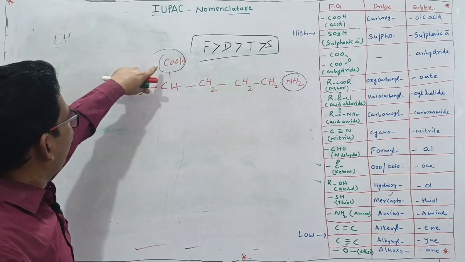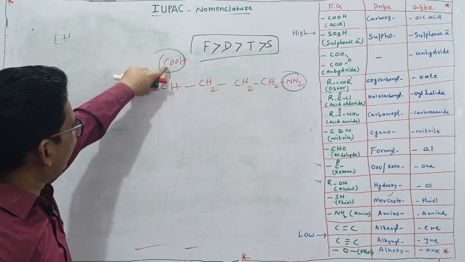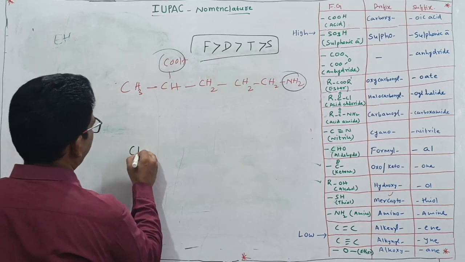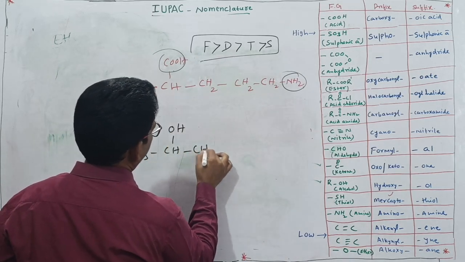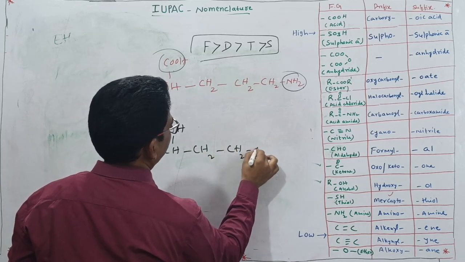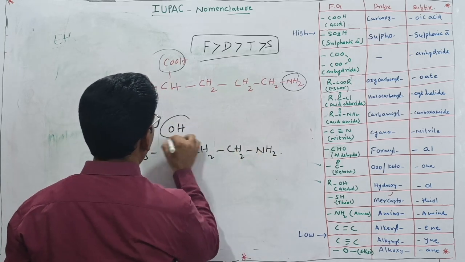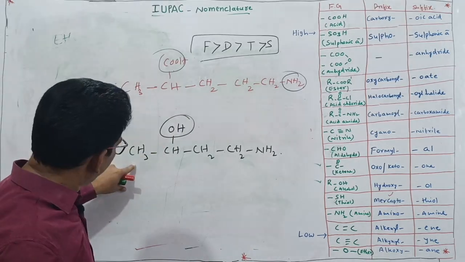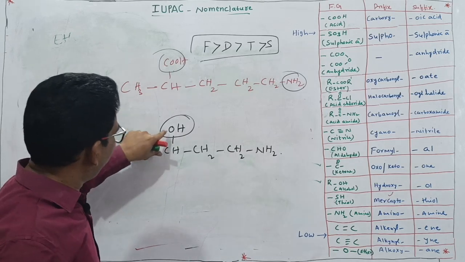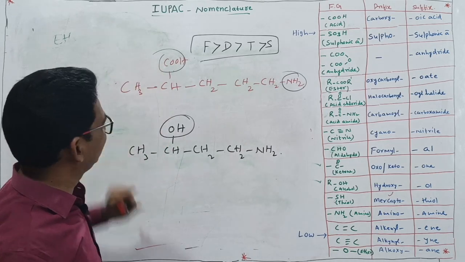Why? The acid group has the carbon. But previously what I wrote, here it is having a hydroxy group. Here is it having any carbon? No. That's why I start numbering from there. But here a carbon is there.